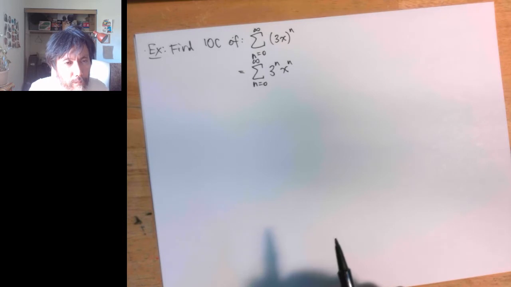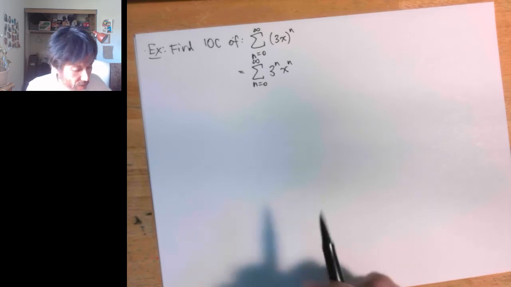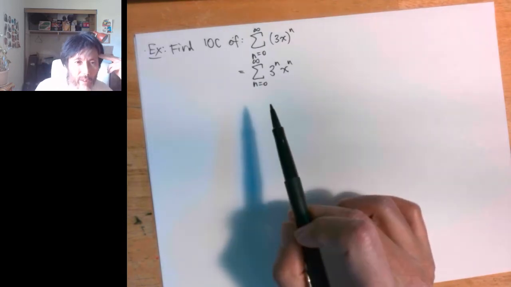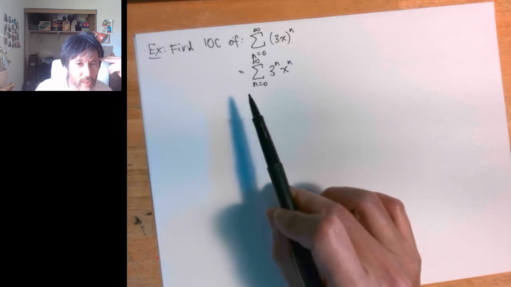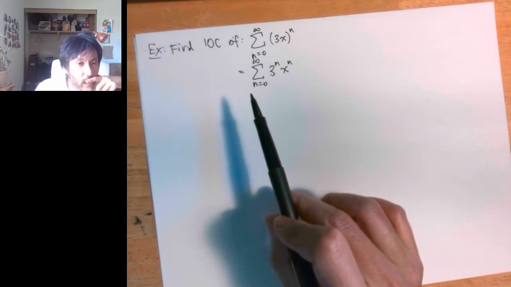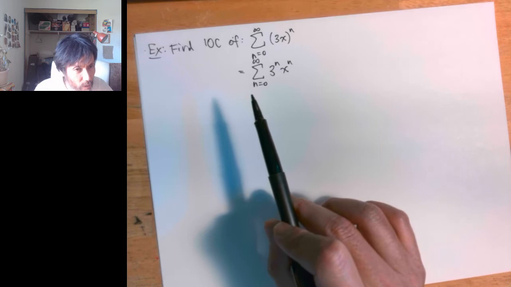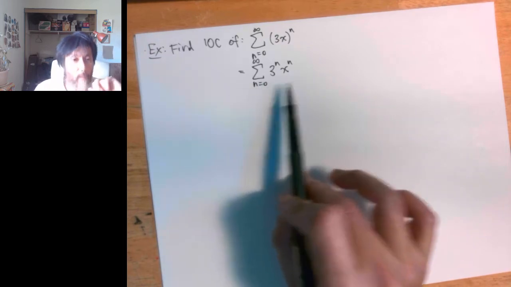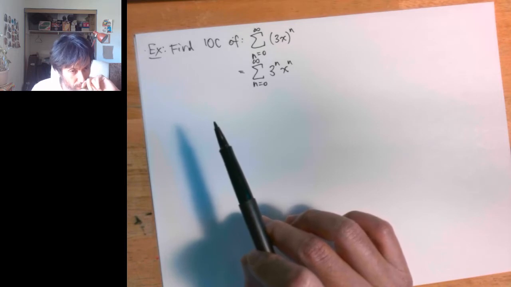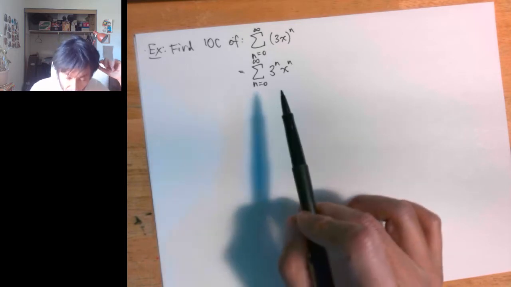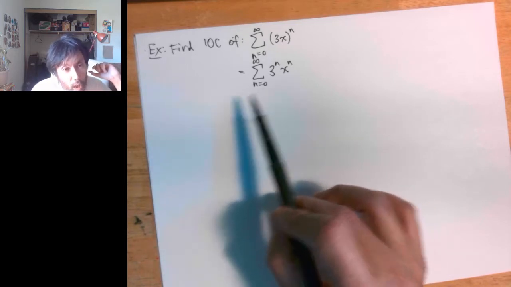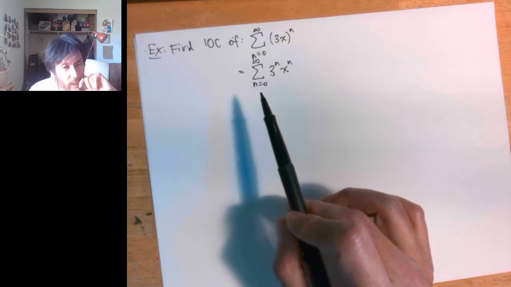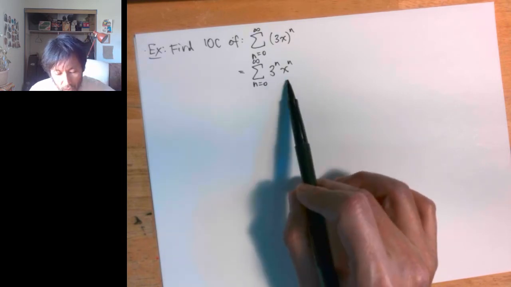Now, one thing that I want to say is we actually know what the interval of convergence of this thing is without doing any work at all. Remember what the interval of convergence is. It's the set of values of x which make this series converge. And I claim, and I'm right, that we know already, given the technology that we've already developed, what values of x make this thing converge.